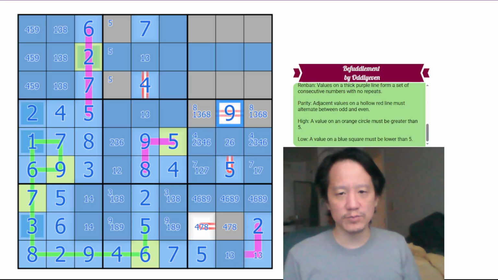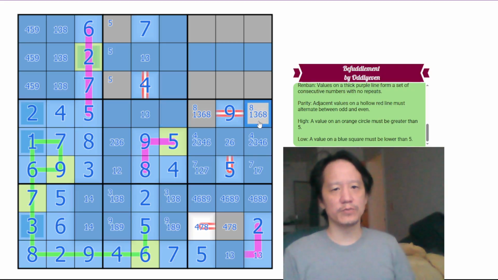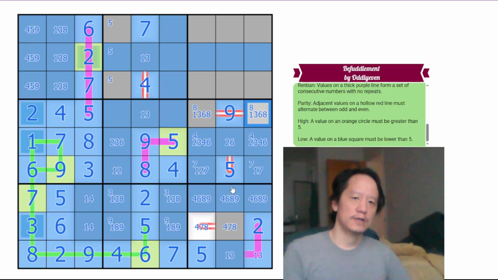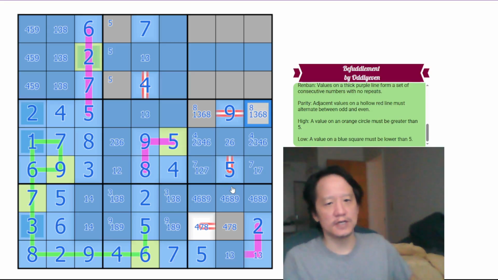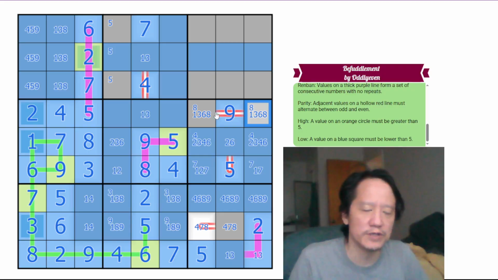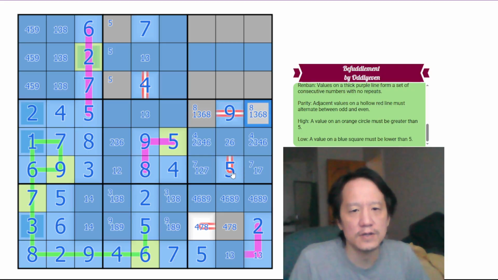This is not doubled, so one of these two is doubled. And it could be 1, 3, 8 doubled. 6 cannot be doubled, but 6 could just be there by itself. This is a 5 in value.